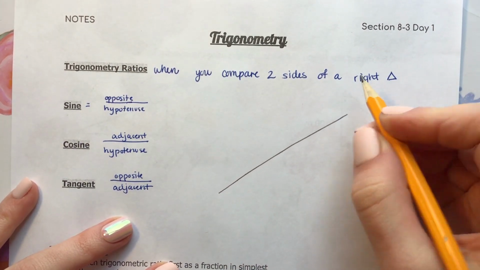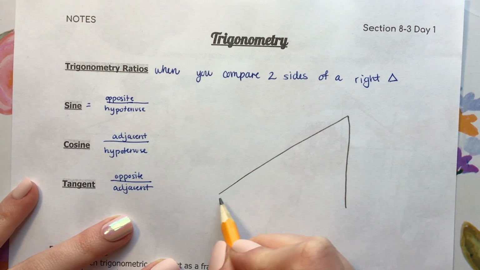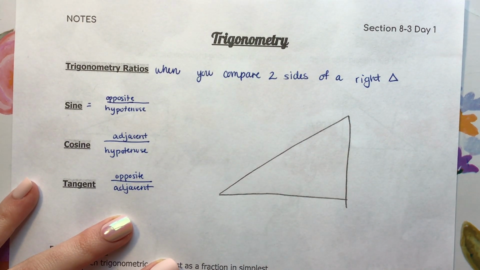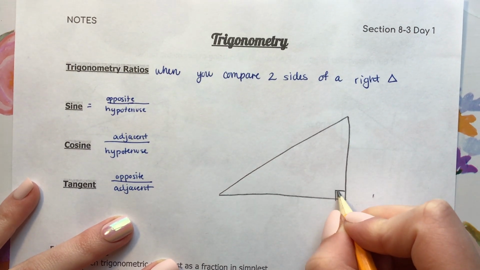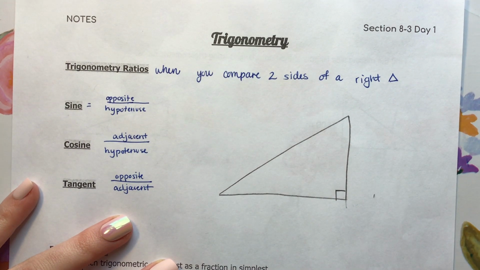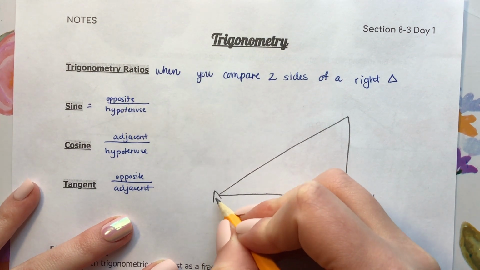So let's say that we have a right triangle like this. Down here is my 90-degree angle, and I'm going to have angle A right here.